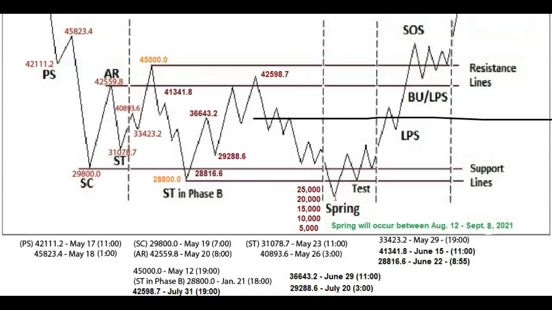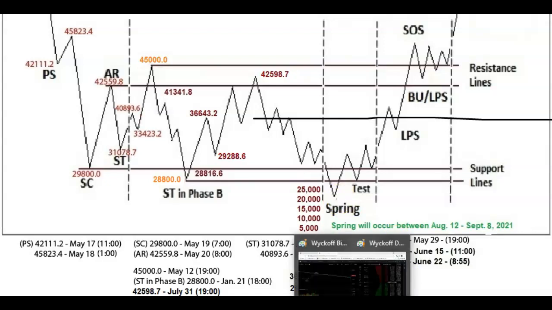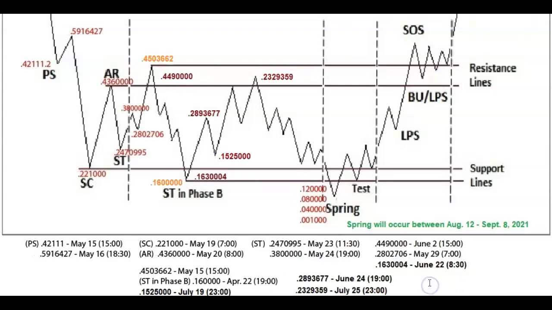Doge, on the other hand, is not following quite as well now. It was following the chart perfectly almost until we hit this last 2 sets of phases. This actually compressed all the way down past ST and phase B, which means I believe once it hits the spring, it's going to be really radical to the downside.